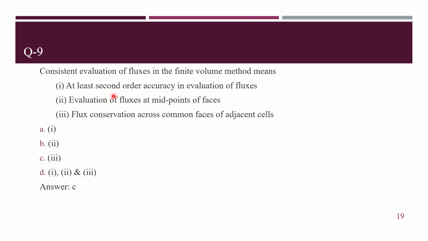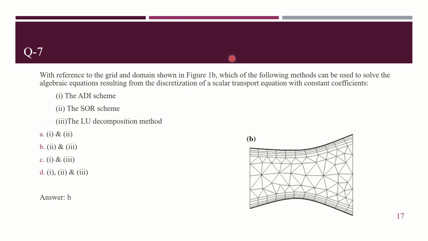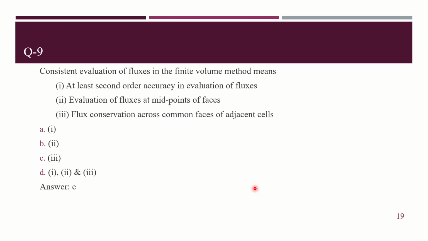Rather, what we are stating is that if there is a common face between two cells, there a flux conservation is there. For example, if this is a common face between these two cells, here we will be using the finite volume approach only. And here we are saying that the flux conservation is there across the common face of the cells. So there is no loss or anything. That is what we mean when we say consistent evaluation of fluxes in the finite volume method.